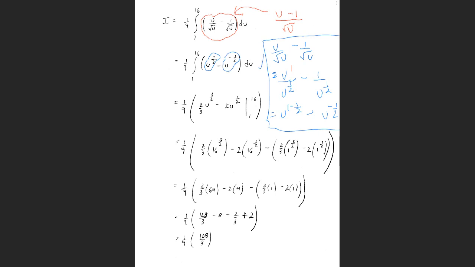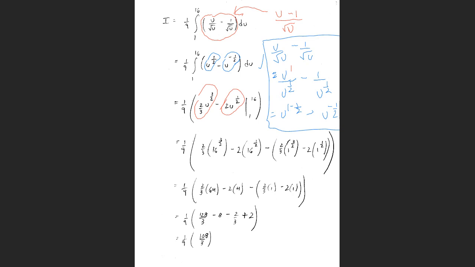And now it's just a calculus 1 problem. We need to find the antiderivatives of u to the half power and u to the negative half power. The antiderivative of u to the half power is 2/3 times u to the 3/2 power. The antiderivative of u to the negative half power is 2 times u to the half power.